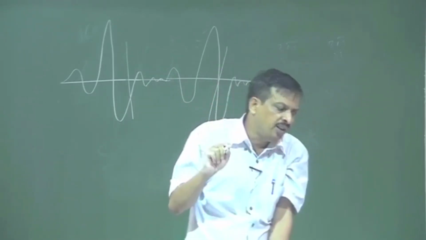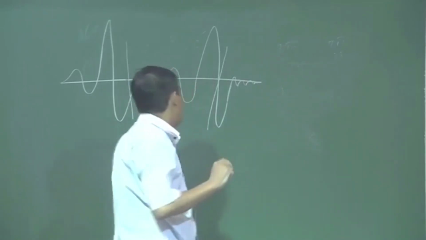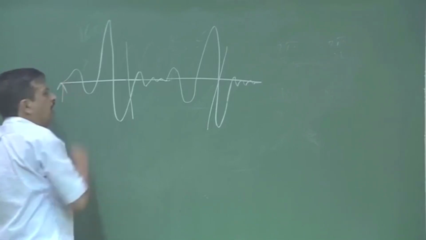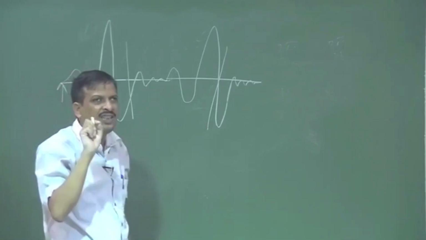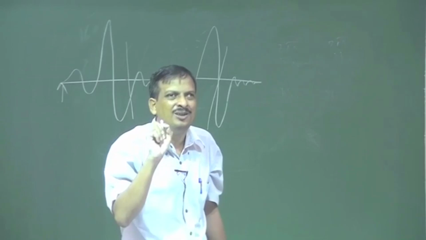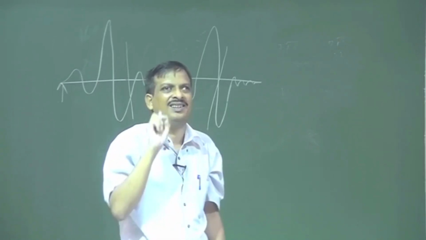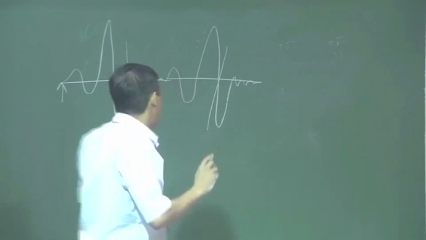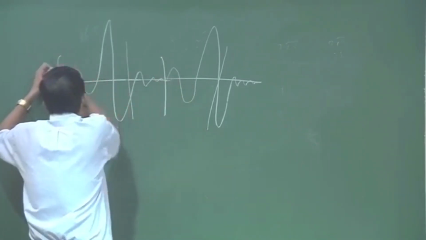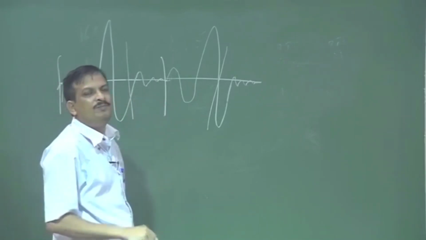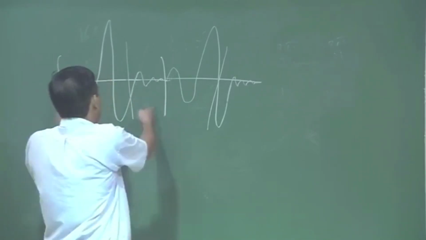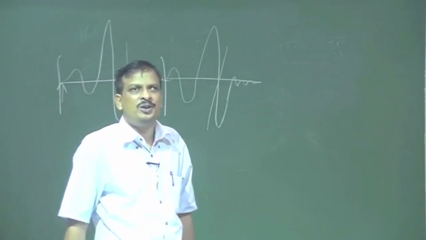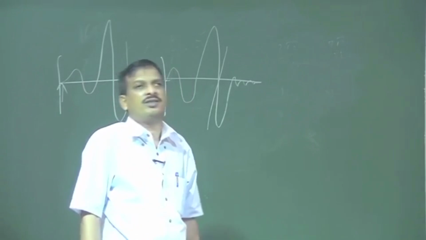So in the pitch synchronous overlap add method, if I am able to find out the epoch point, the closing and opening point of the vocal fold from the signal, then I can synchronize the pitch. So I can exactly cut one period, then no problem. If I cut one period and paste one period here, there is no problem. So that is called pitch synchronous.